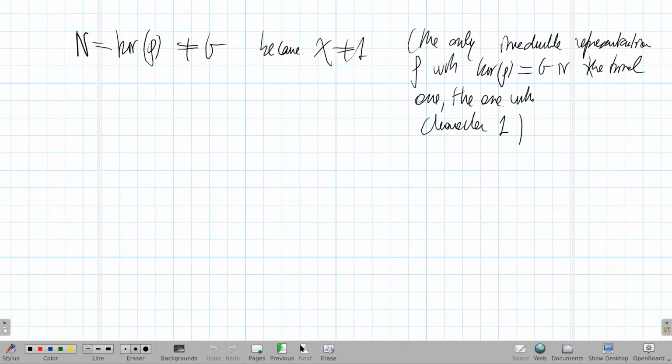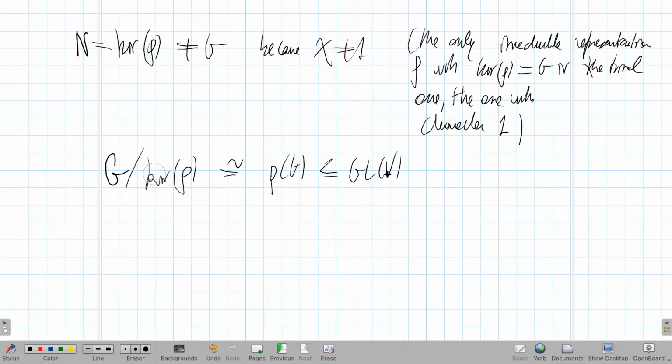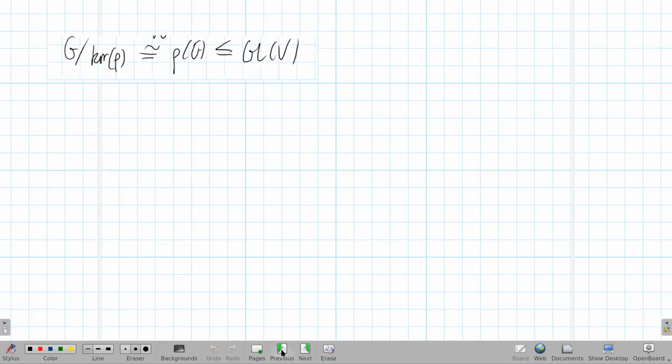I'll erase that board. So remember, we have that G over the kernel of rho is isomorphic to rho of G, which is a subgroup of GL(V). Okay. So what's the claim I have?